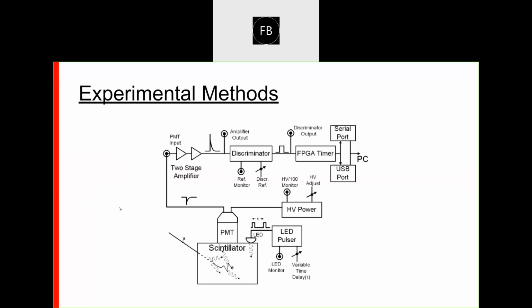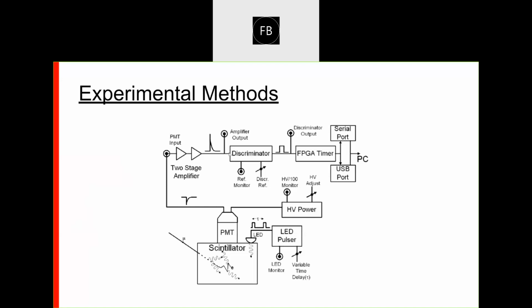Basically, in experimental methods, we used an apparatus that looks exactly like this. The muon comes in upon entry. It interacts with the fluor in the scintillator via Coulomb forces, and the electrons go to a lesser energy state, right? Light is then emitted, and that flash of light goes to the photomultiplier right here, which sends a voltage around.